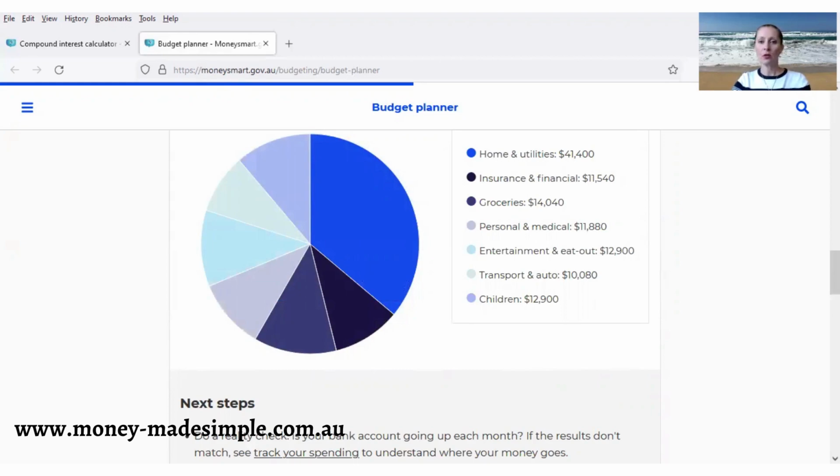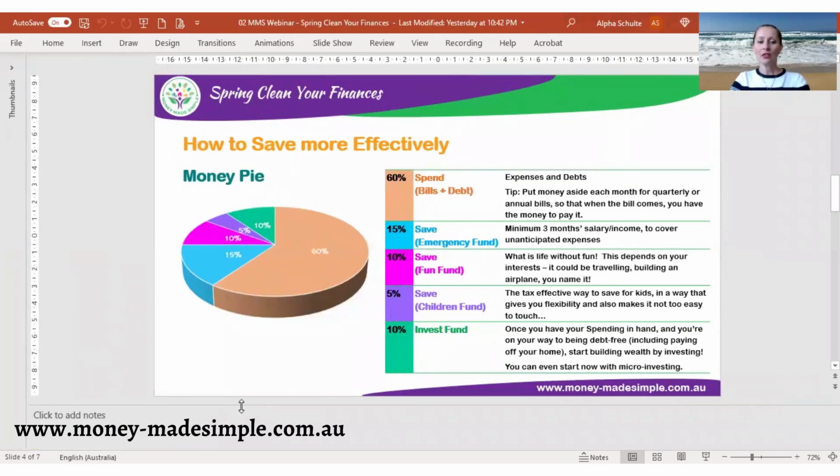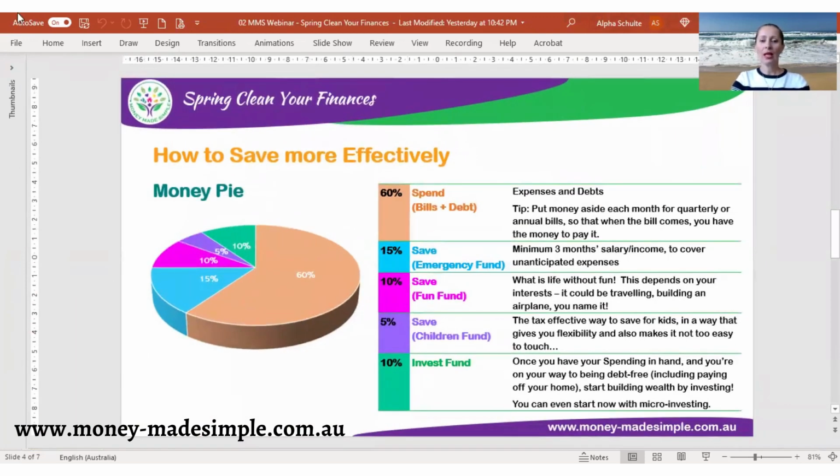So I'm just going to stop sharing for a moment and then switch over to what I call the money pie. I'll just come back into here. It's a variation. The budget kind of works with what you've got and splits your money out that way.